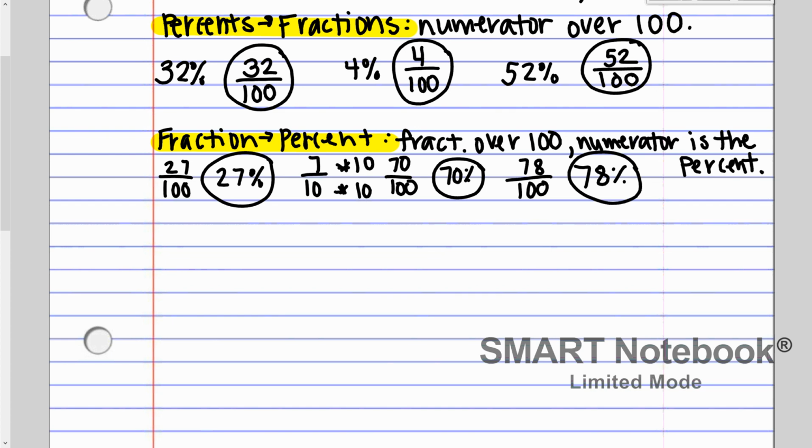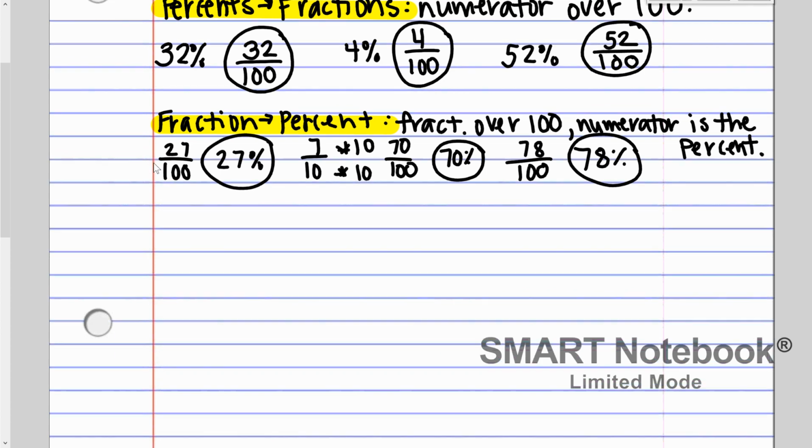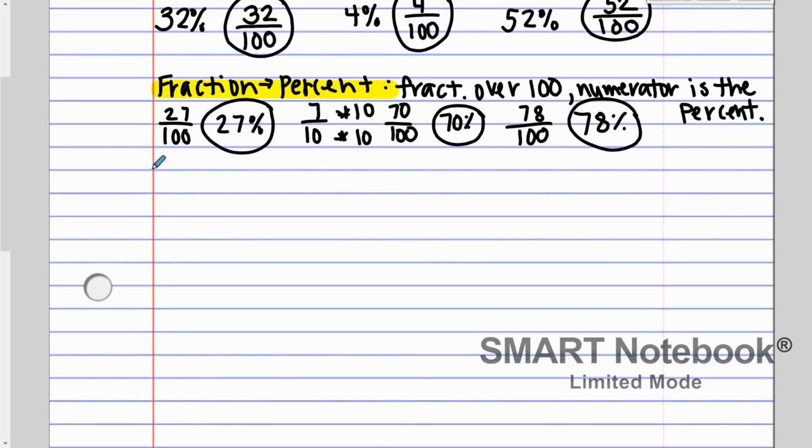All right, so that's making percents into fractions, and fractions into percents. Now let's move into some decimals. Let's make percents into decimals and then decimals into percents. So first let's start with a percent and make it into a decimal.